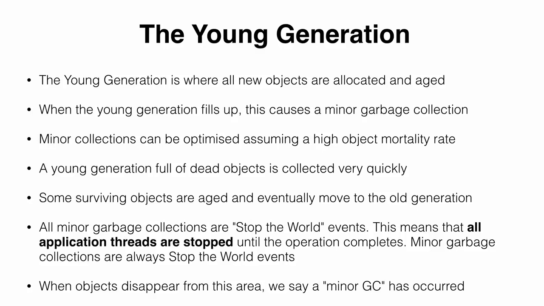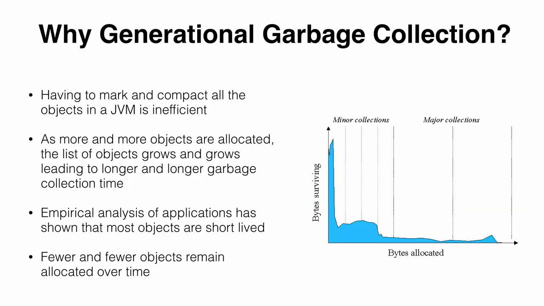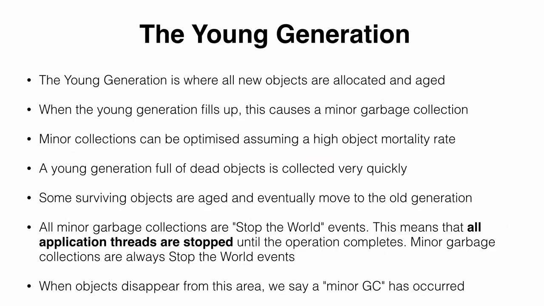A young generation full of dead objects is collected very quickly, which is nice. Some surviving objects, ones that we're still using, get aged and eventually move on to the old generation. Classes, again, are in the permanent generation, but these are exceptions to this.